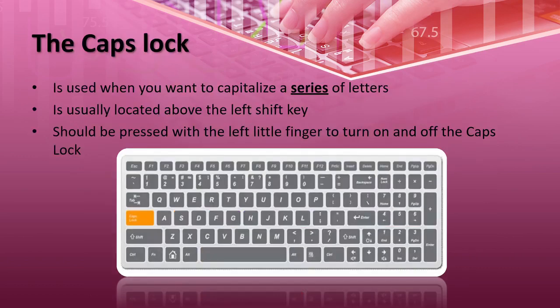Now see the caps lock. Which key? A caps lock. What is the use of caps lock? To write in capital letters. Yes, capital letters we write using the caps lock key. It is usually located above the left shift key.